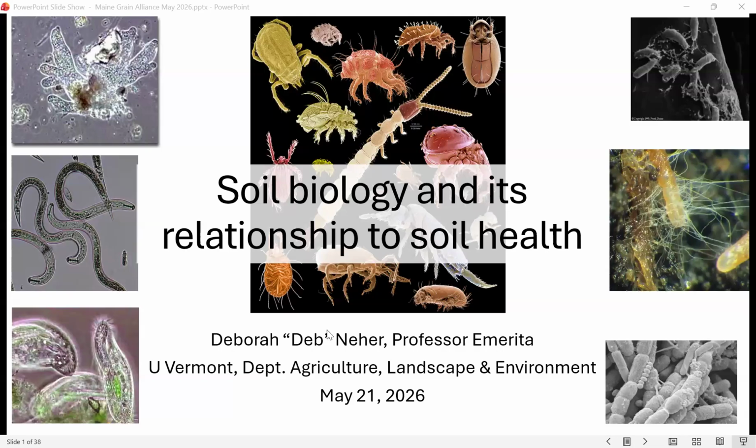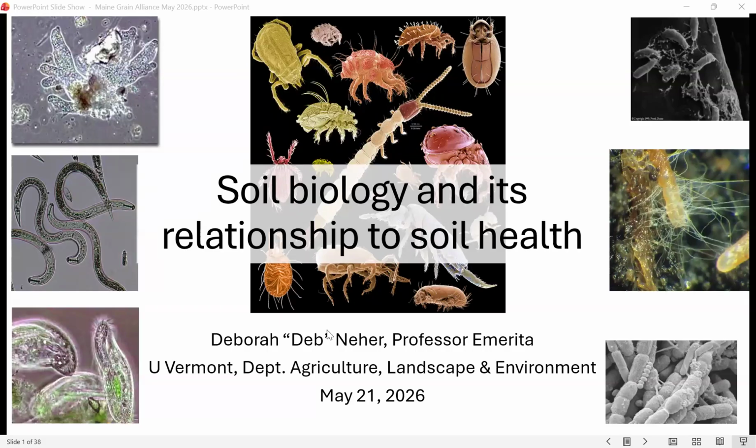And soil biology is frequently overlooked in standard soil health assessments. It's a relatively young discipline compared to soil science. Soil science was really recognized as a discipline in the 1860s, whereas soil biology as a discipline was not really recognized until about 1970, so about a century difference here.